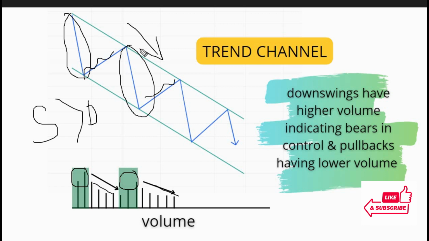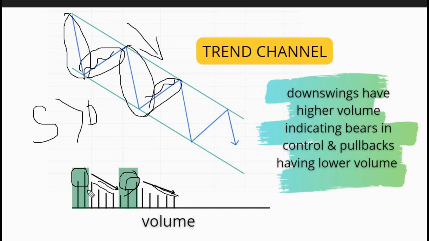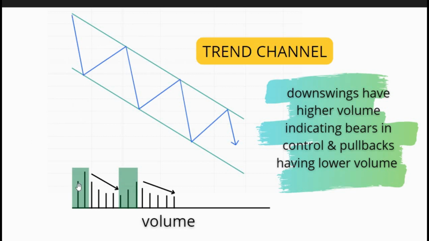Because the prices are going down, we will see the buying pressure. The buying pressure here is still very weak, and the selling pressure is very strong. So we could say that we should take a trade in the direction of the trend and not take a trade which is not in the direction of the trend.